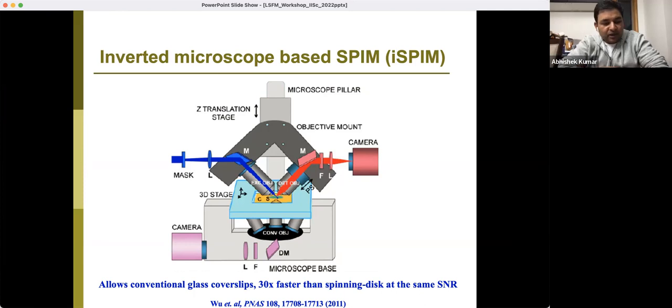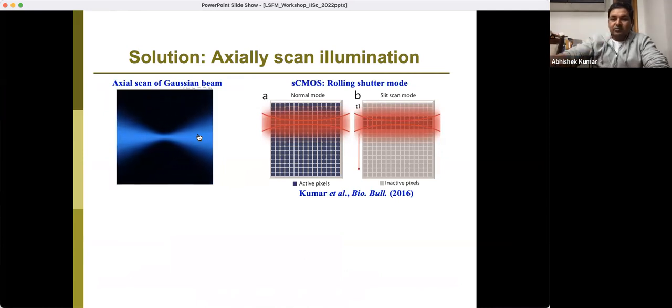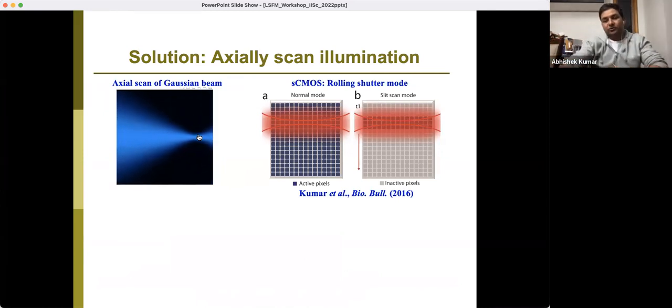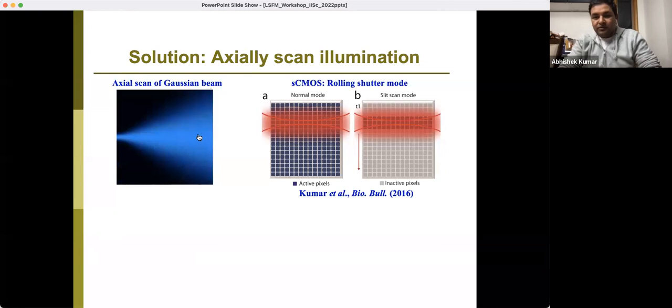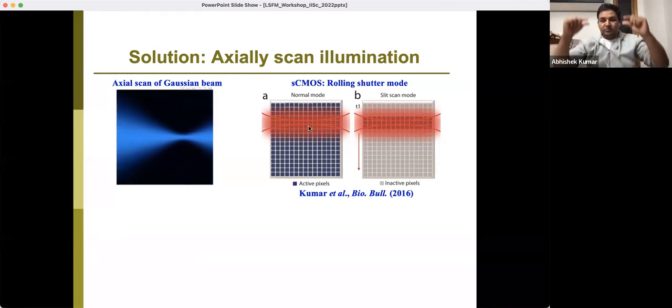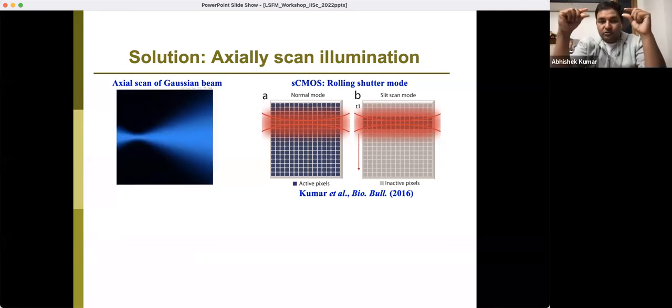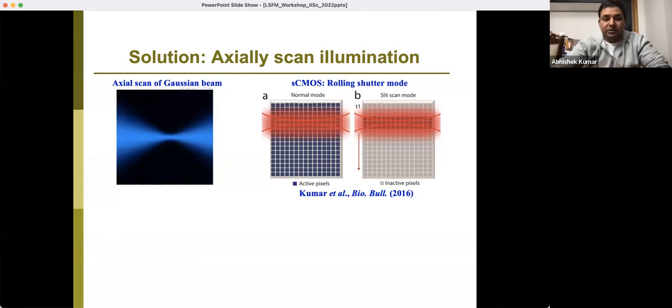We have also implemented it, and it's pretty efficient. That's a very good point. So what Professor Mandal is asking about is that we need to scan in the axial dimension, so it depends on how far you want to go. If you want to go 100 micron, typically we are limited by the camera speed, because if you are looking to read a few rows, you are limited by that speed, since the mechanical hardware can go faster.